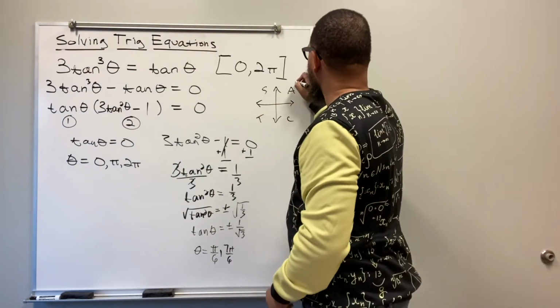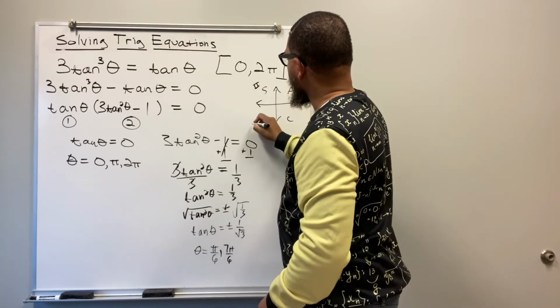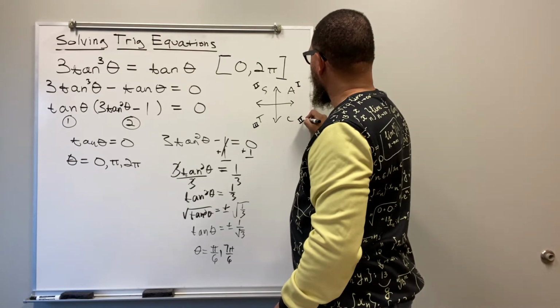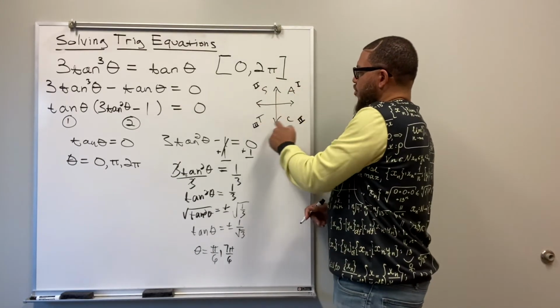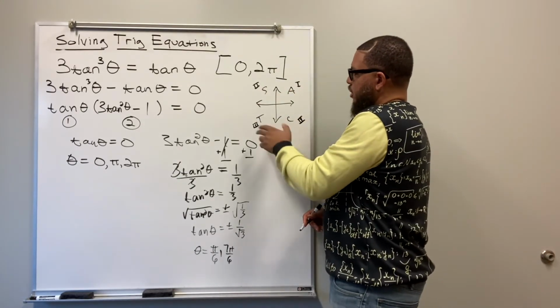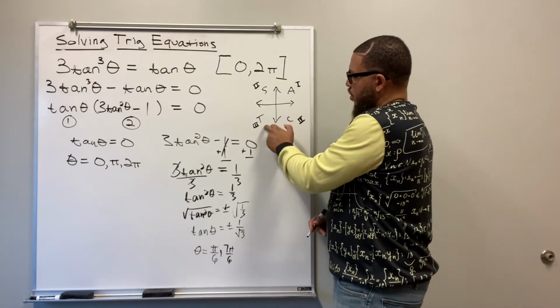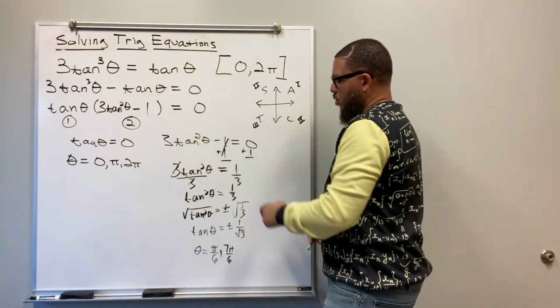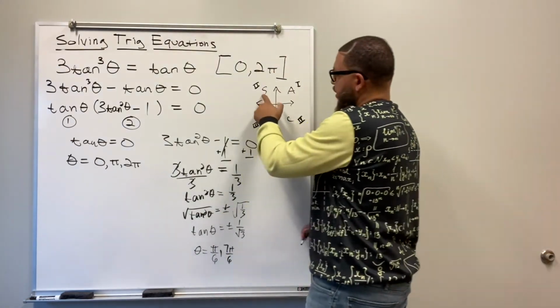Matter of fact, let me do this. First quadrant, second quadrant, third quadrant, fourth quadrant. We took care of the first and the third. So now we go to the second and the fourth. So what angle has a reference angle of pi over 6 in the second quadrant?